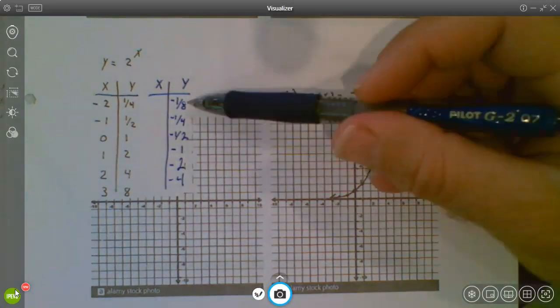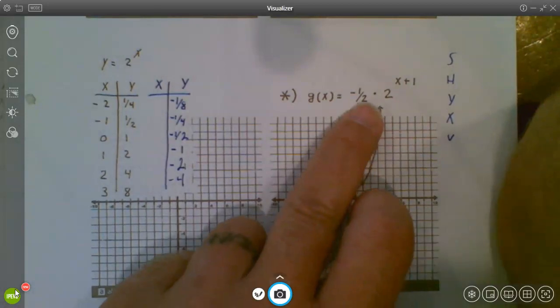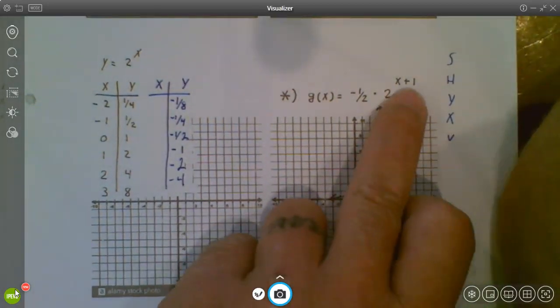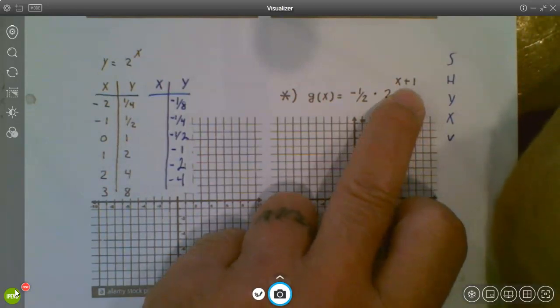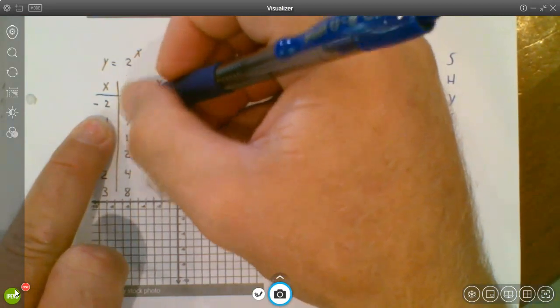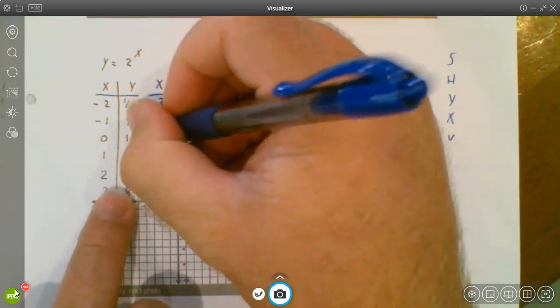That applies the negative, so it takes care of the reflection, and it applies the 1/2 to take care of the shrink. And then if we go left 1, it just means we're going to subtract 1 from all of our x's. So at the same time, let's subtract 1 from these x's to create our new set of points.